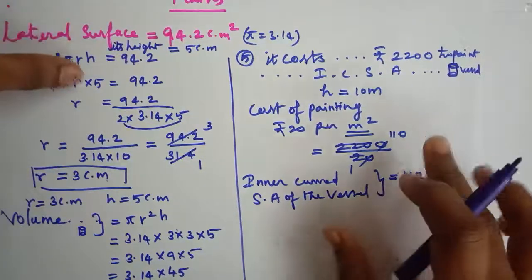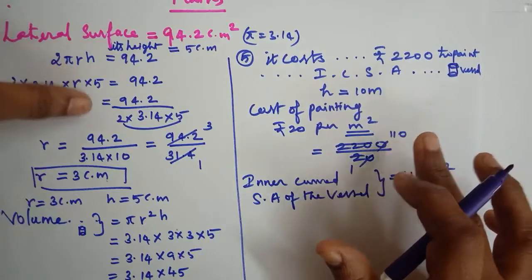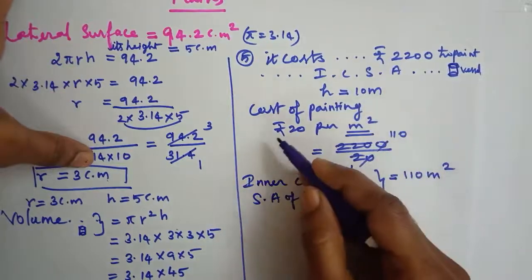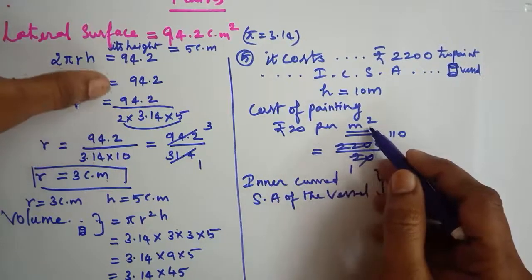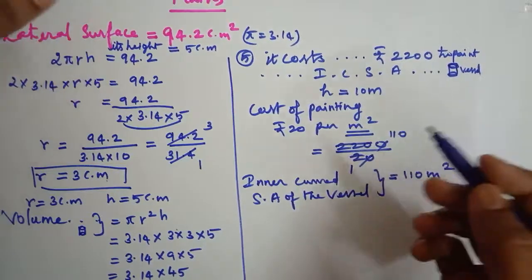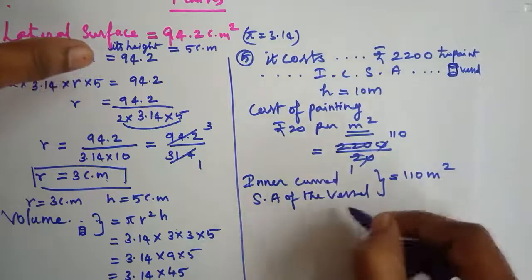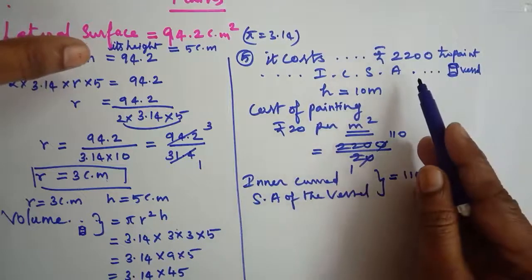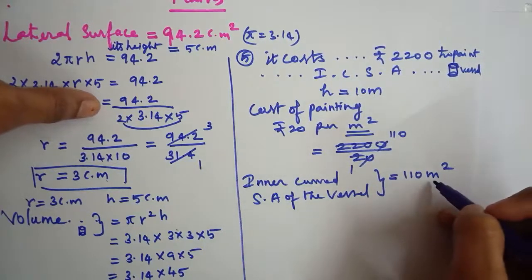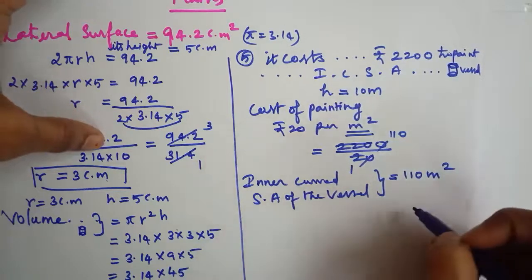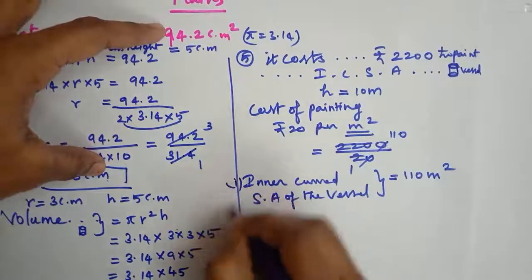Because the amount is given, 2,200, then rupees 20 per meter squared, so we have to find the square meter, that means the inner curved surface area of the vessel. That is equal to 2200 divided by 20, then we get 110 meters squared. Is it clear? So first subdivision over.